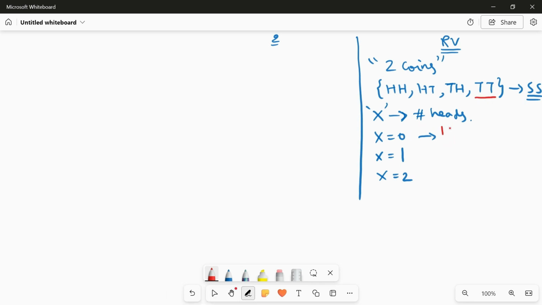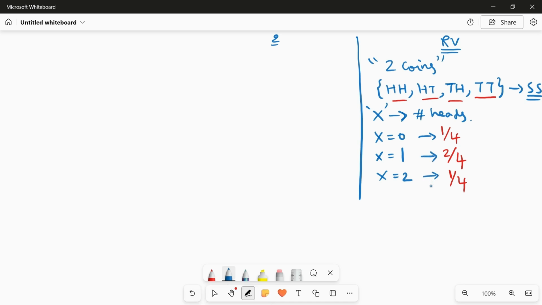So the probability of that will be 1 by 4, because the length of the sample space is 4. The probability of getting one head is, there are two possibilities, ht or th, so 2 by 4. And the probability of getting two heads is again one possibility, so 1 by 4, okay? So whatever you have done just now is called a random variable.